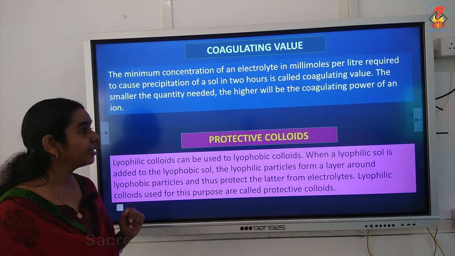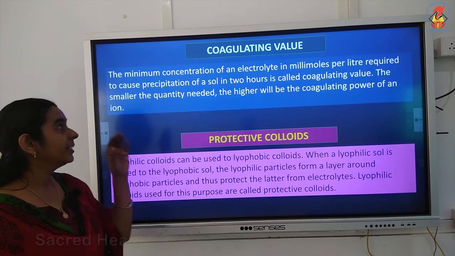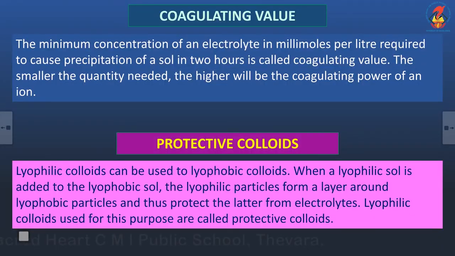Now, coagulating value is the minimum amount of electrolyte required to cause precipitation or coagulation. So, the lesser the amount required, the higher the coagulating power. And the last one is protective colloids. Lyophilic colloids are also known as protective colloids.